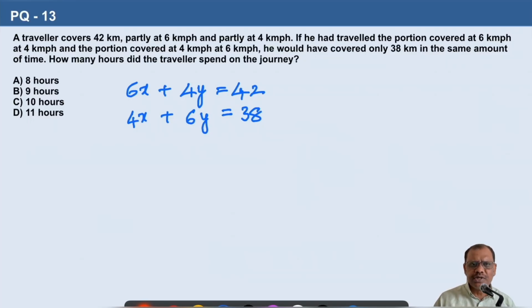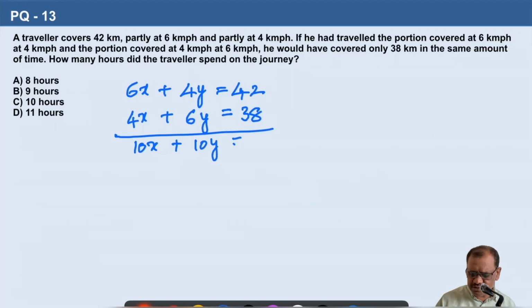When you have two equations, you can find the x and y values and add them. But here we'll use a shortcut. Don't find the values of x and y individually. Simply add the equations directly. 10x plus 10y is equal to 42 plus 38, 80.